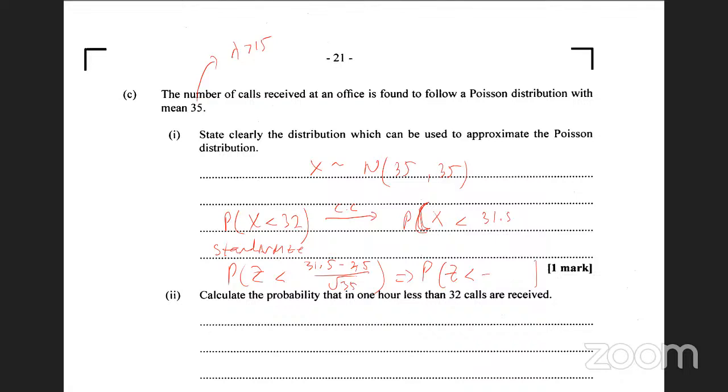Minus how much? Minus 0.592. So because it's less than minus, it will be 1 minus phi of 0.592.